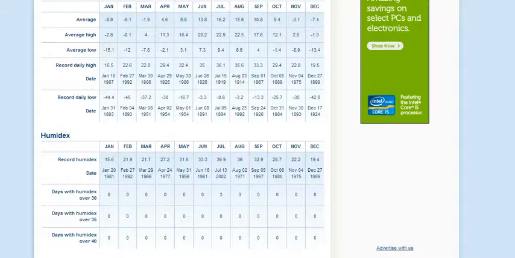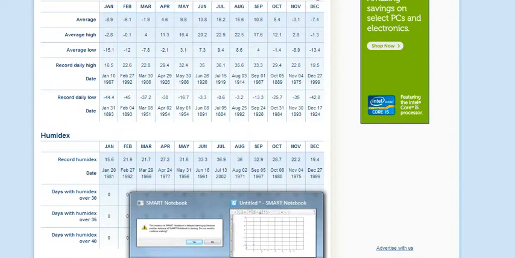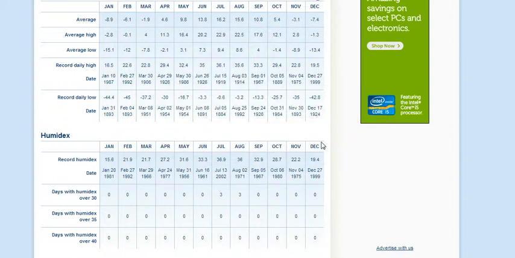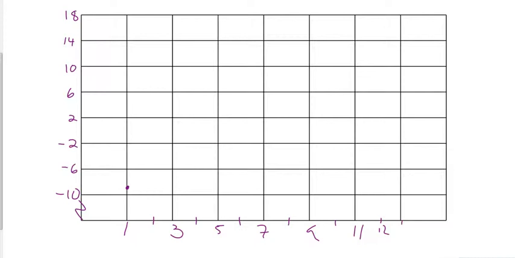Right, so we're representing January as month 1, 2, 3, 4, 5, 6, 7, 8. And we're going to plot these 12 points, right? So negative 6.1, negative 1.9. And I'm going to plot, so I got to jump back and forth.